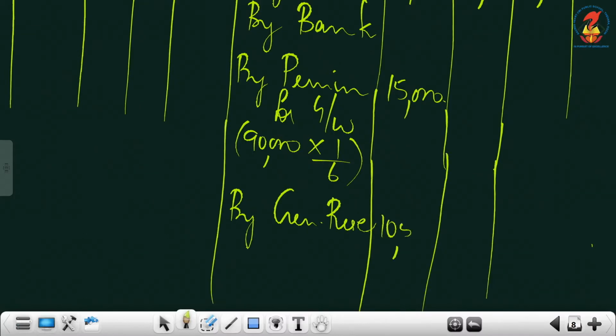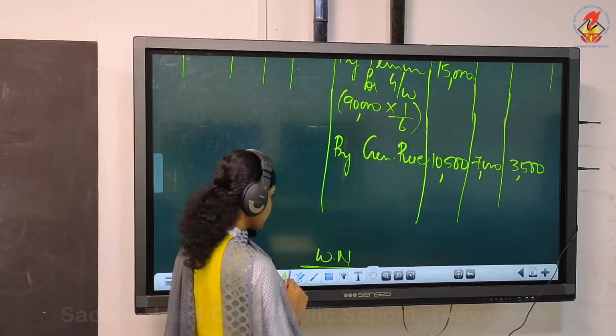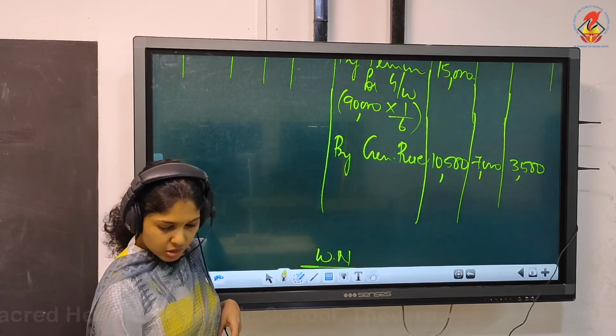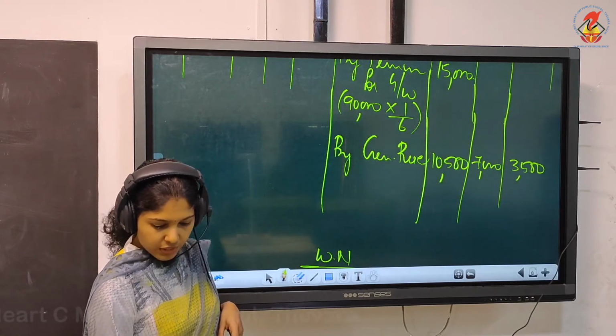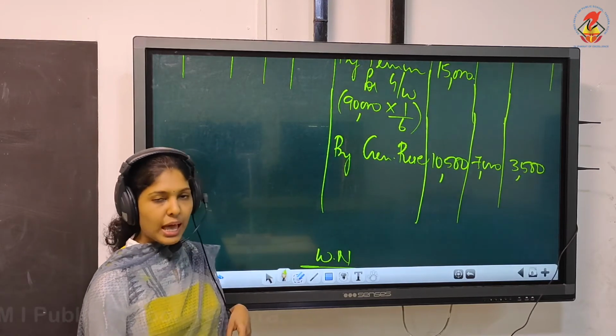The amount must be divided in old ratio, 7,000, and the third partner 3,500. So these are the amounts of general reserve. Then similarly you have to see the asset side also. See whether you have to transfer anything. No. Asset side we don't have anything.